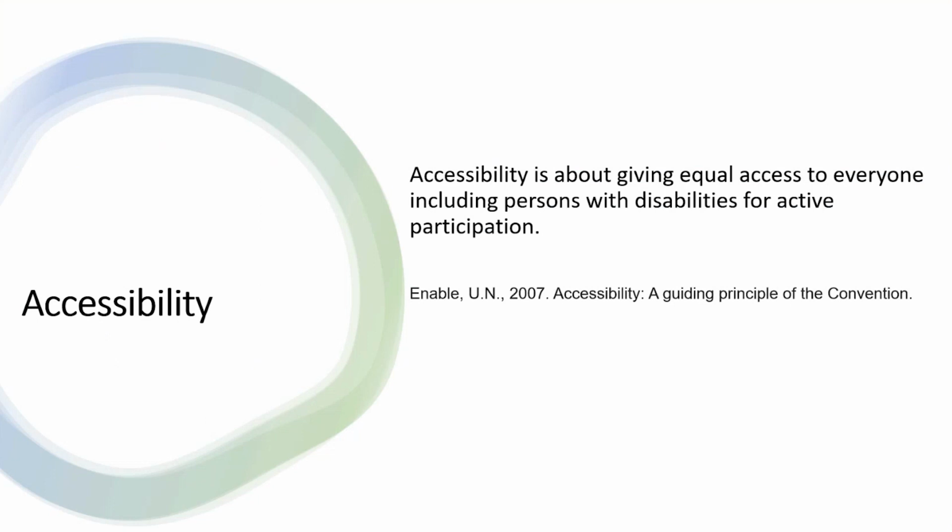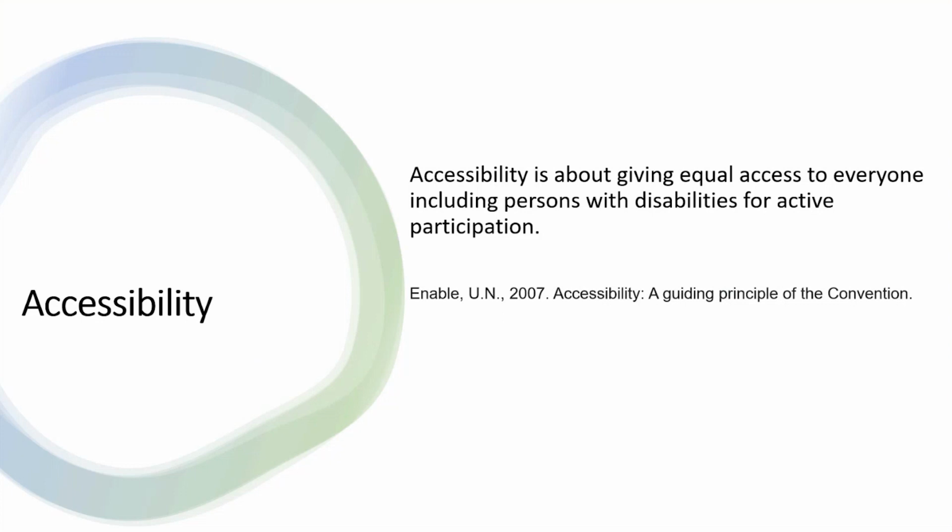So just to give you an overview of the key issue that we'll be focusing on in this module, the issue of accessibility. It is about providing equal access to everyone, in particular for persons with disabilities, for their active participation.